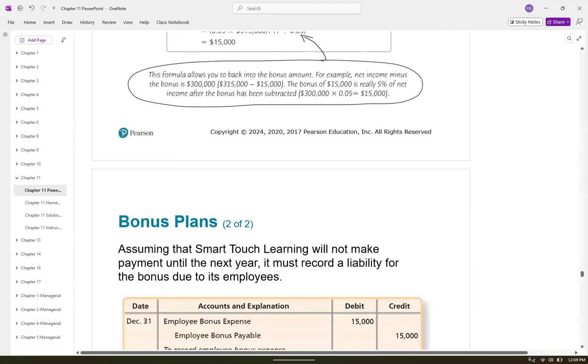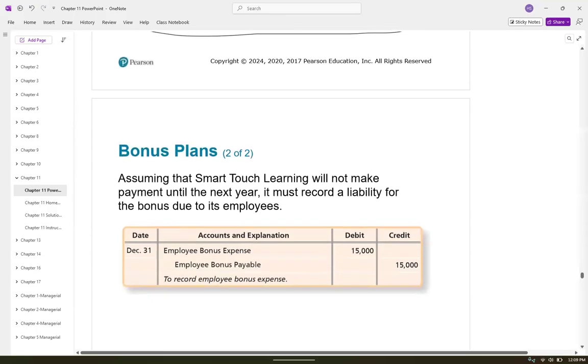Okay. So we're assuming that Smart Touch Learning will not make a payment until the end of next year, but it does have to record the liability. Okay. So they would debit employee bonus expense and credit employee bonus payable.